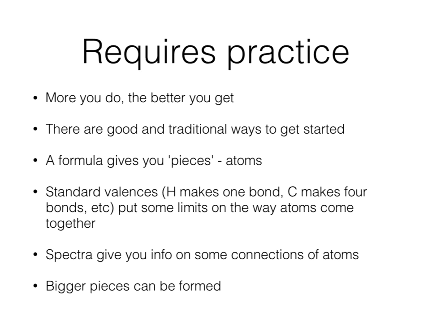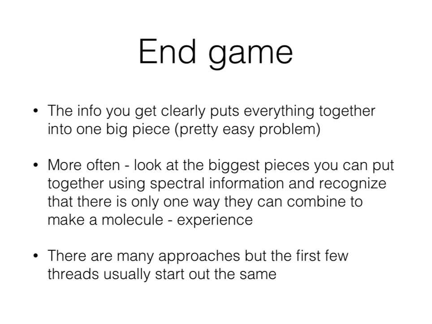What the spectra will do is give you some information on what atoms are connected to what and in what way, and so you're taking those pieces of atoms and making bigger pieces, just like a jigsaw puzzle. The bigger the pieces get, the fewer variables there are to come together to give you a structure.